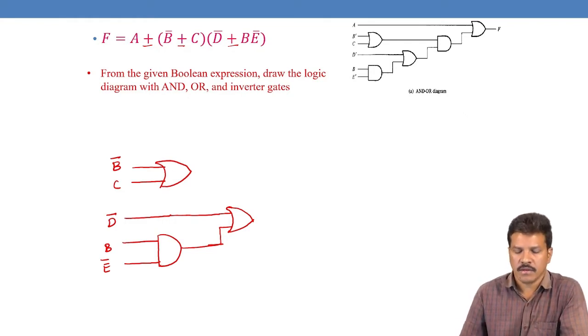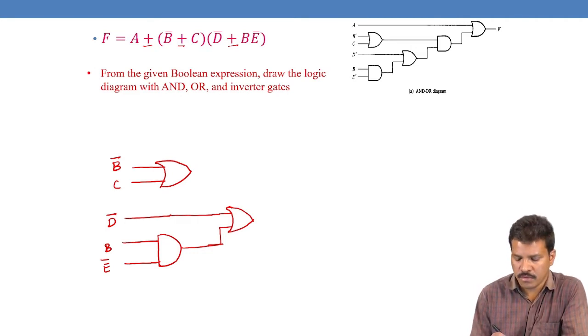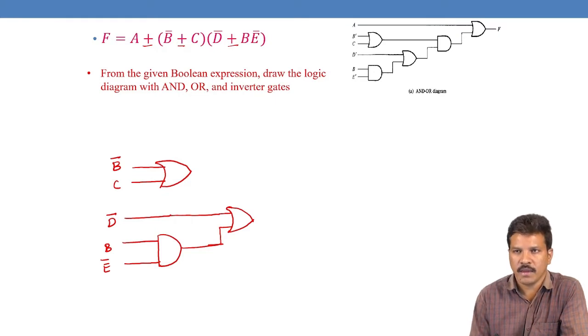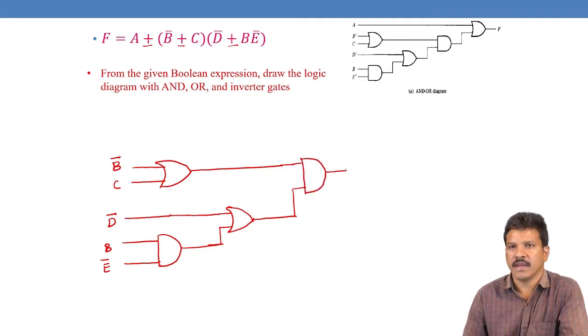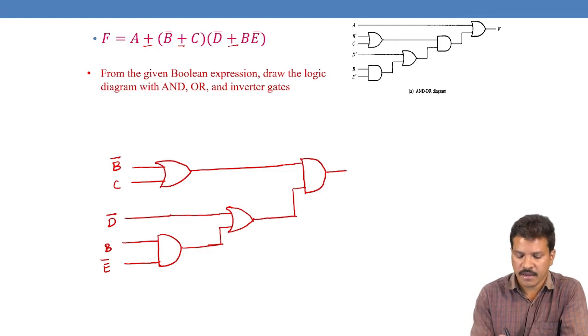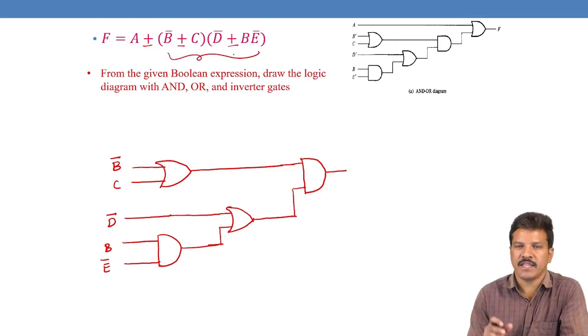Then we have now B bar plus C. These together to be ANDed. So this output of this first parenthesis and this one is ANDed. So as we ANDed these two, we can take the AND gate, and then this entire two parentheses will be ORed with the A variable.